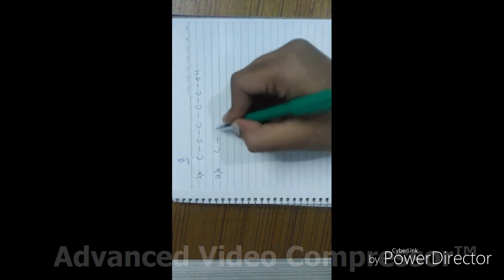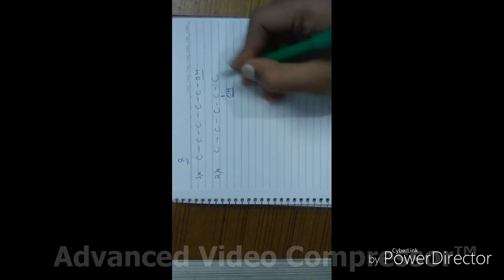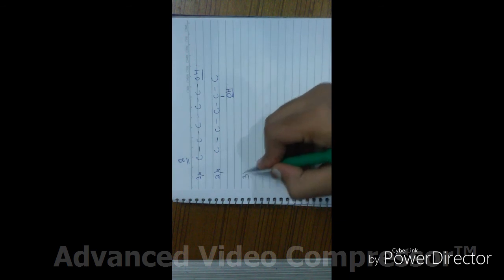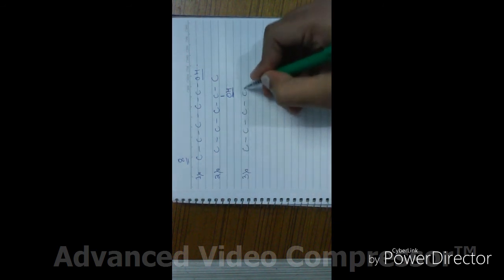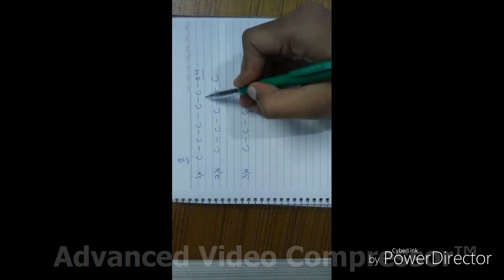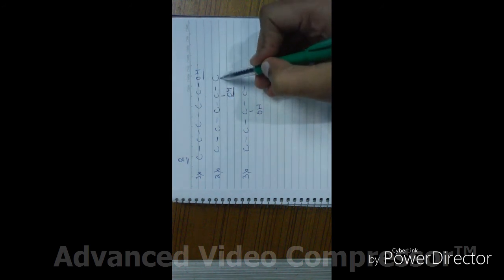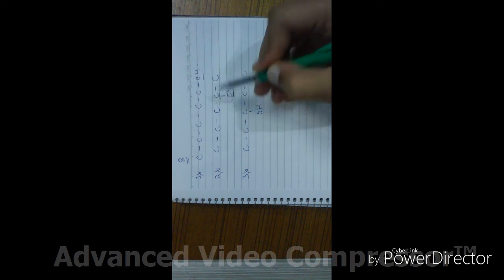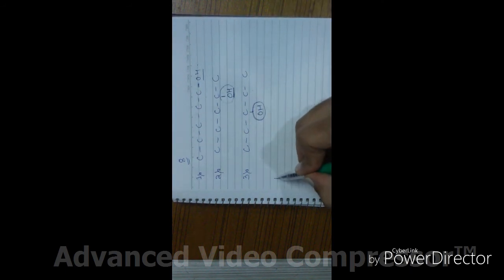For the second isomer, you can change the position of the functional group, and by changing the functional group, 2 isomers are formed. And third: 1 2 3 4 5. In this structure the functional group is in first position, in this structure in second position, and in this structure in third position.